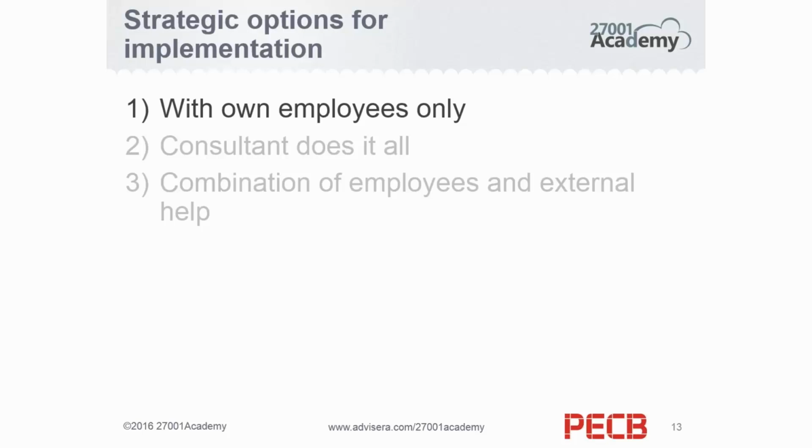This approach makes sense when you have something very confidential within your company and you don't want anyone from the outside to see this. This also makes sense if you have lots of time to implement the standard and if your budget is extremely low. So you're using existing resources and you're not paying anything extra.